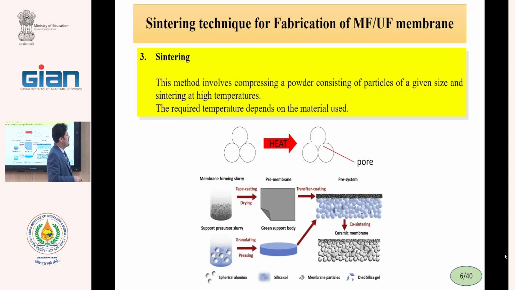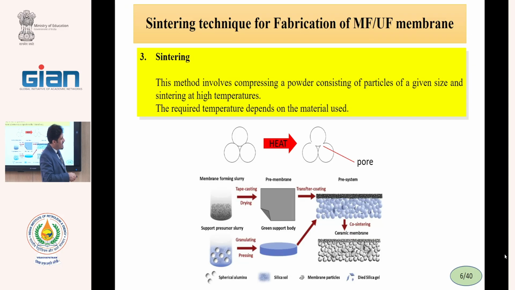Also, we can fabricate the ceramic membranes as 2-layer, 3-layer, 4-layer. The commercial ceramic membranes usually have 3 layers, okay? And you see in the support layer, we have big particles.